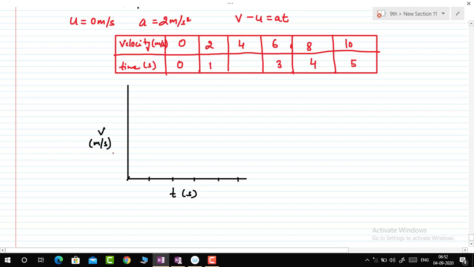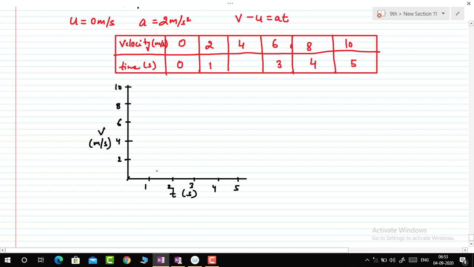Similarly, for velocity, this is 2 meter per second, this is 4, this is 6, this is 8, and this is 10. Now we will mark it 1, 2, 3, 4, and 5. This is 2, 4, 6, 8, and 10.